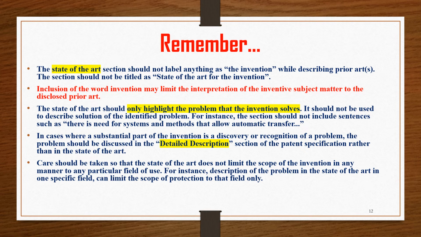Next point: inclusion of the word invention may limit the interpretation of the inventive subject matter to the disclosed prior art. So this should not be included at all. The word invention should not be included.